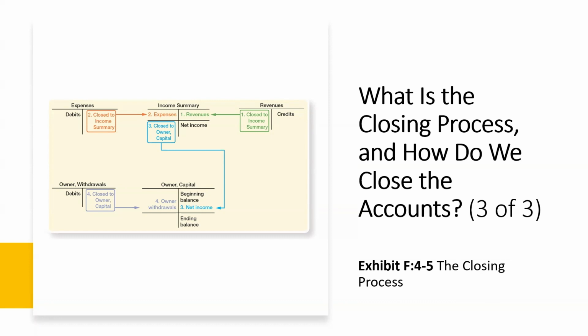Now, this process results in zero balances across all revenue and expense accounts. The balanced income summary account reflects the net income or net loss for the period. It is then closed by transferring its balance to the owner capital account.